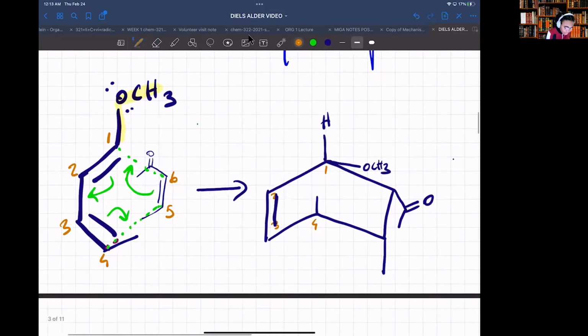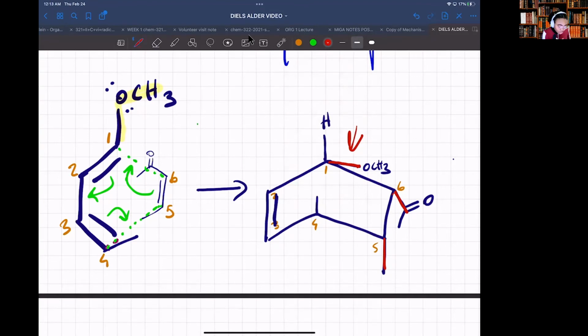Let me place back my number 5 and 6. And if you want to check, make sure that this is pointing down according to the down and down. Okay, I followed my rule. The outside group of my diene and the dienophile group end up on the same side.